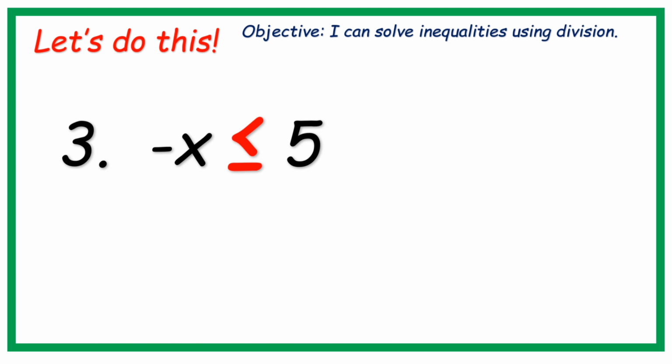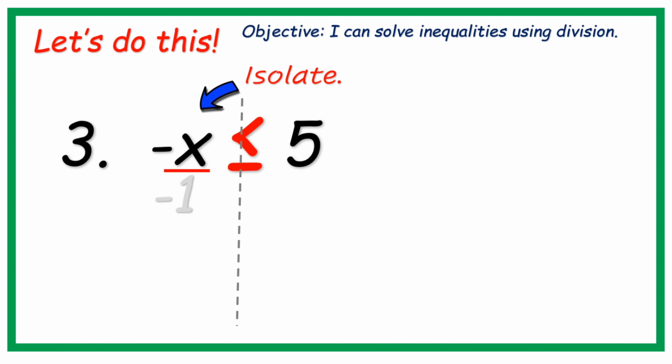Again, we need to isolate the variable, and you might not see it, but there is a 1 in there. It's negative 1x. So we need to remove that negative. If there's no negative sign, that is already our answer. But there's a negative there. So what are we going to do? We need to divide by negative 1.